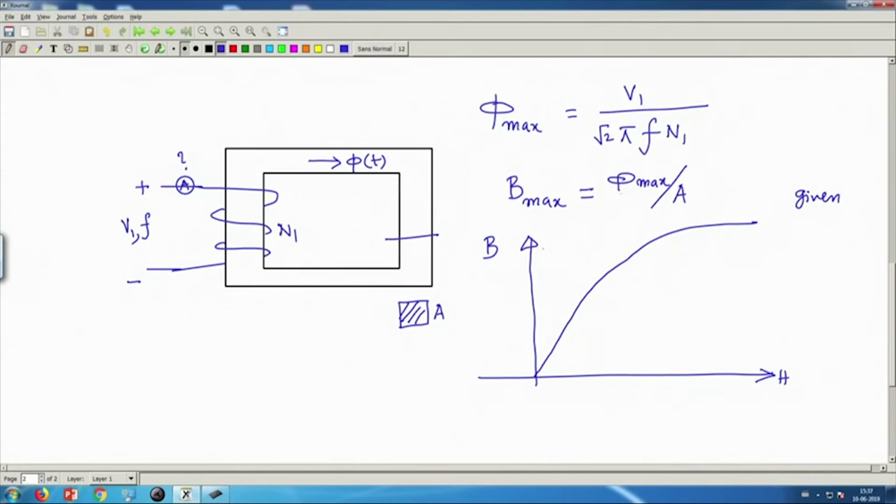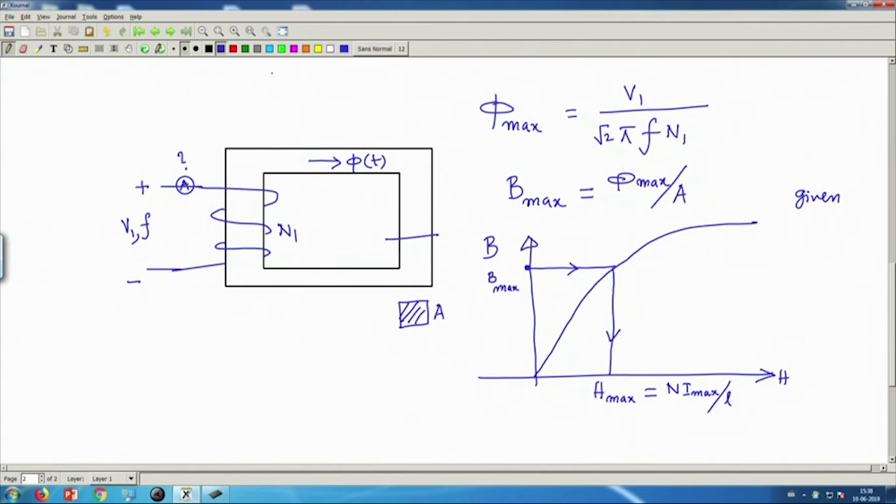Then what I will do, for this B max, I will come here and note down how much H is necessary, that I will call H max, and this is nothing but N I max by L. What is L? L is the mean length of the flux path, which I am not drawing, I have shown it in the previous.